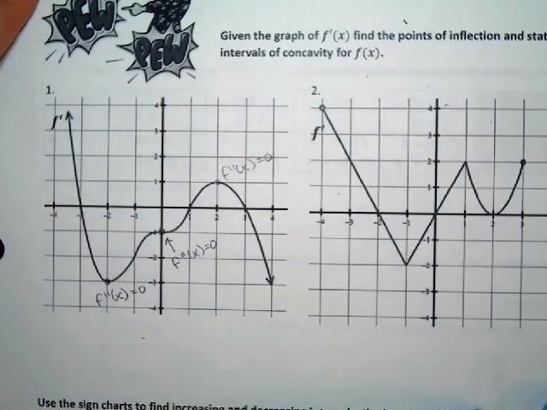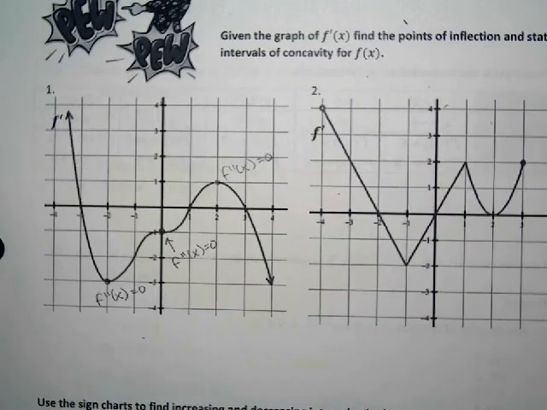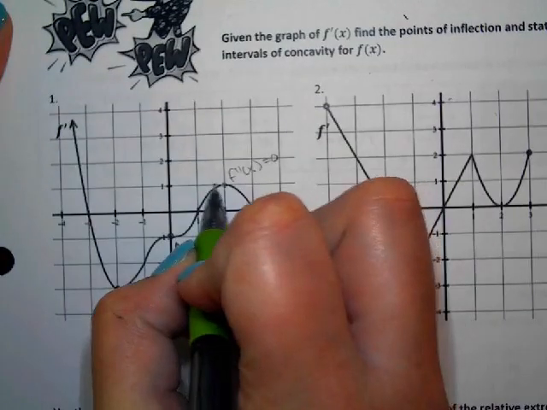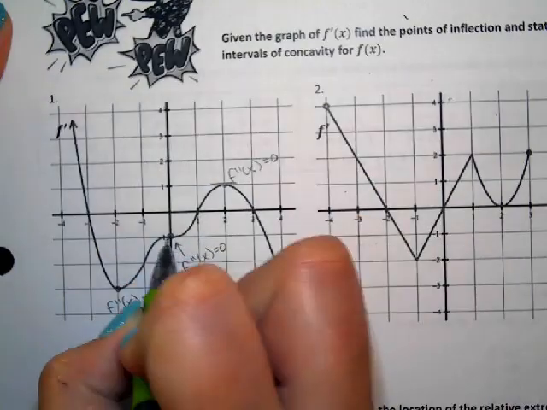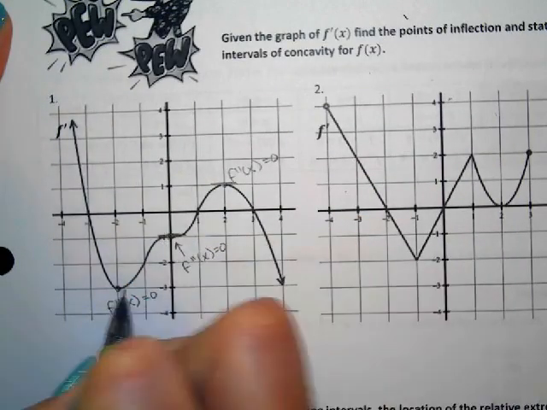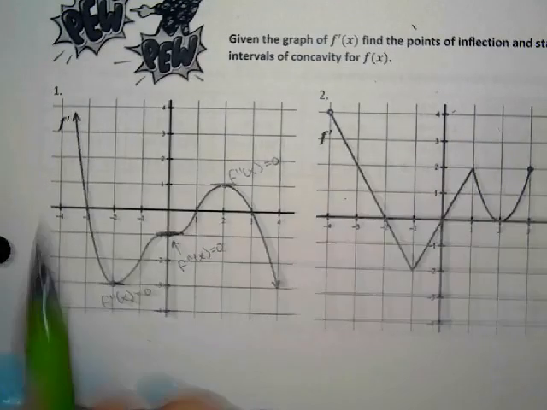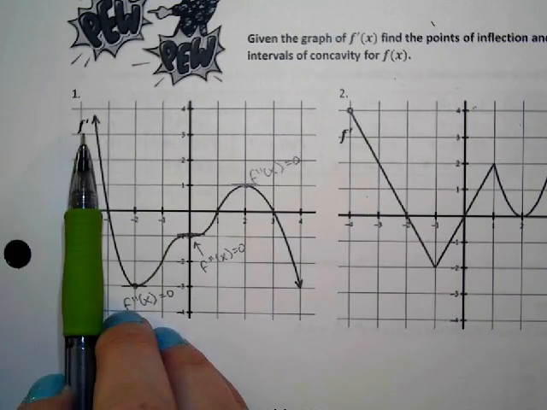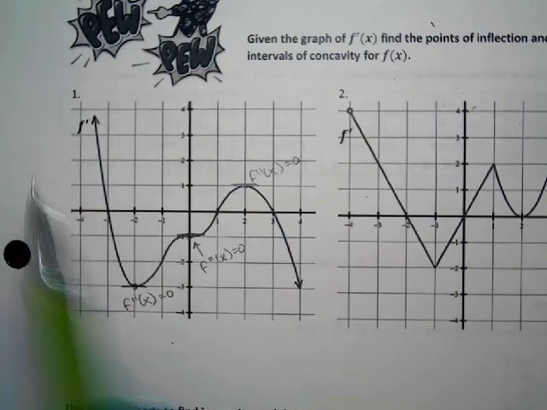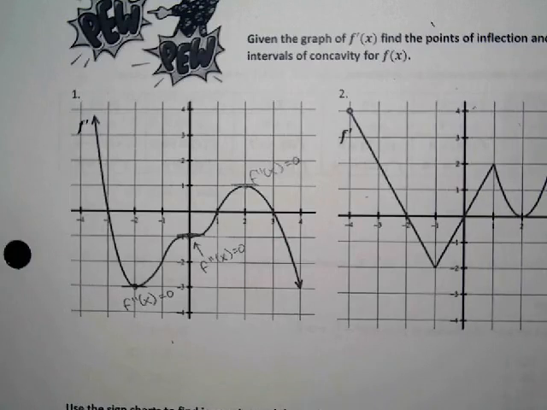So that's where your points of inflection are. Those are all where we're saying the second derivative equals 0. So these are all where the first derivative has a horizontal tangent, because this is not the graph of f, this is the graph of f prime. We're not looking at the original function, we're looking at the derivative function graphed.